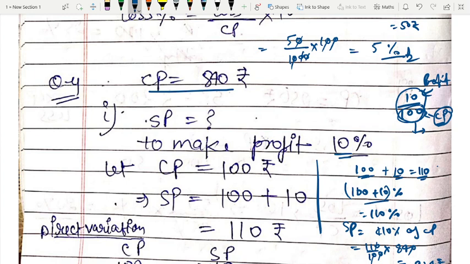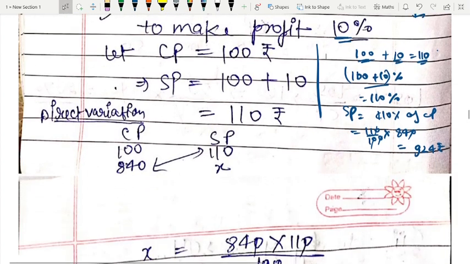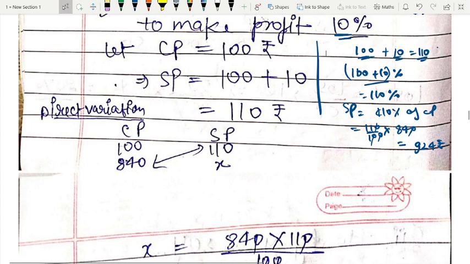If the cost price is 100 rupees, 10% means for 100 rupees we will get a profit of 10 rupees. Then we can add 10 here to get the selling price: we will sell at 110 rupees. After that, we know very well that cost price and selling price are in direct variation.